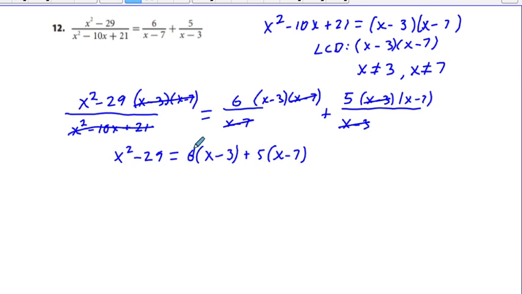And just distributing here, we have x squared minus 29 is equal to 6x, and 6 times negative 3 minus 18. And then we have plus 5x minus 35.